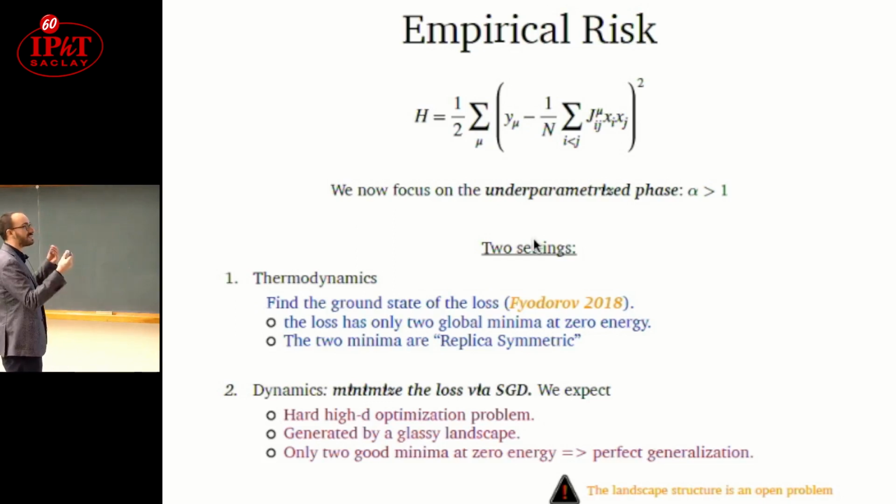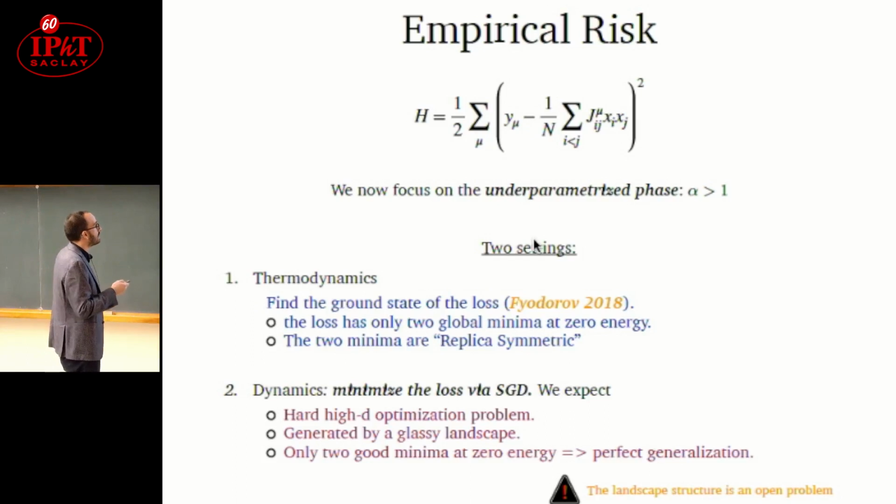And these two ground states are simple. In statistical physics terms, they're called replica symmetric. So this is very easy. Now the question is whether the algorithms can find back this ground state. And since this is high dimensional and non-convex, you can expect some glassiness there, which may hamper the performance of the algorithm.